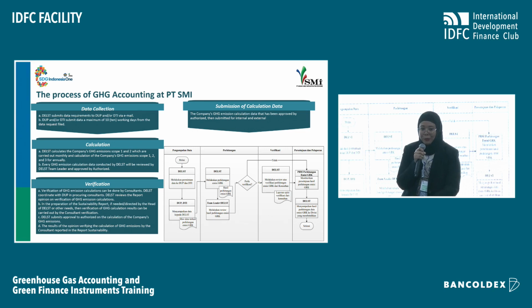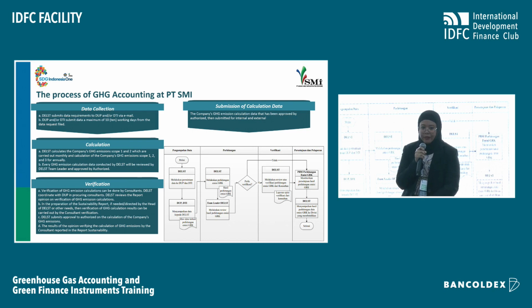With data collection, the ESS division submits the data requirement to the DTI, the Technical Information Division, and the DUP, General Affairs and Procurement. Then DUP and DTI submit the data and we move to the second phase, calculation.